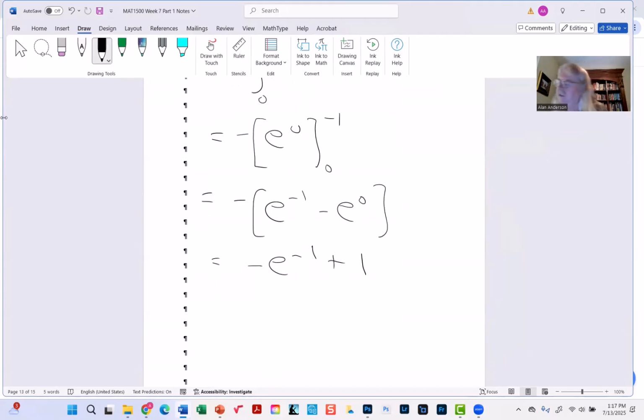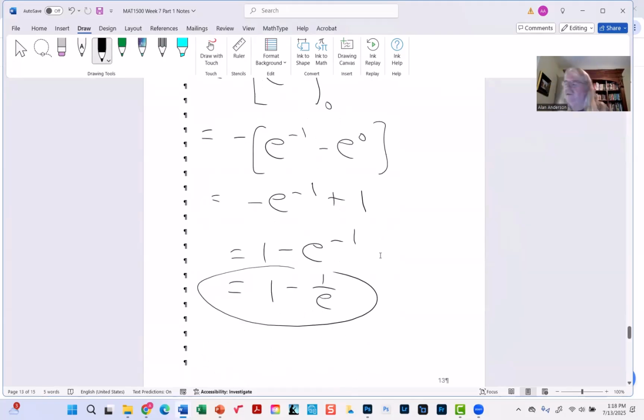Or, of course, you can rewrite it as 1 minus e to the minus 1, or finally 1 minus 1 over e. And that's going to be approximately equal to 0.6321.